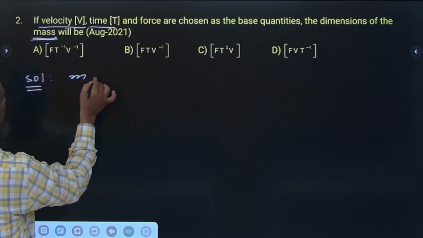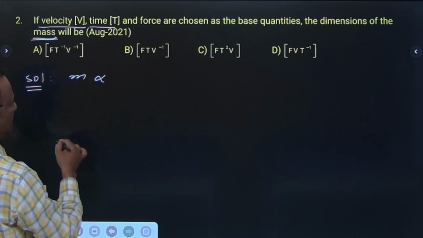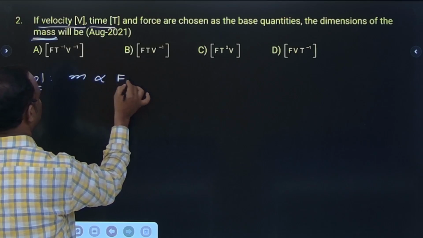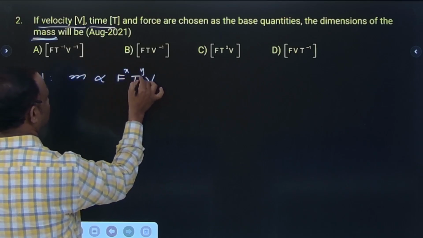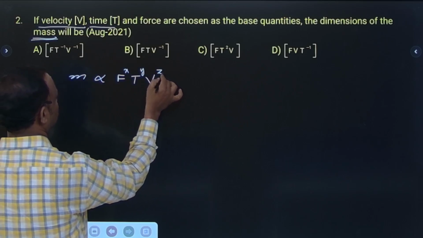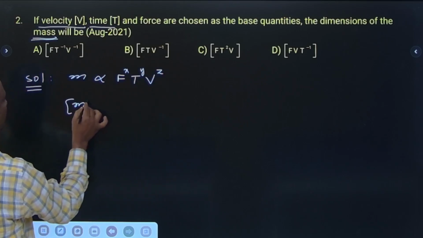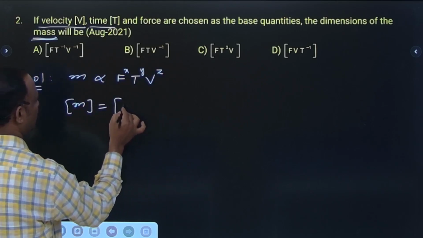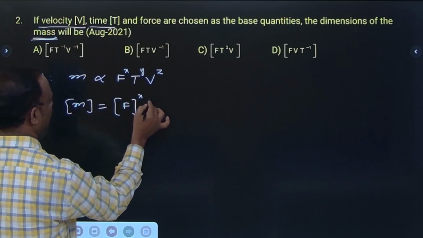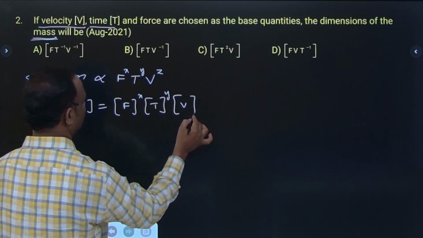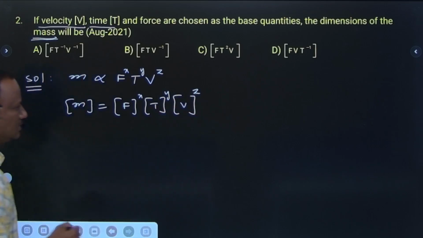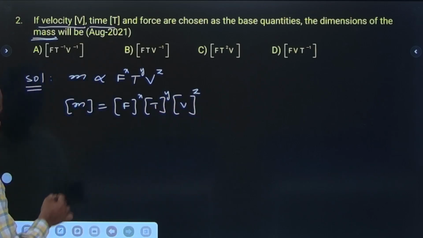Mass is directly proportional to F to the power of x, T to the power of y, V to the power of z. So the dimensional formula of mass is equal to the dimensional formula of F to the power of x, T to the power of y, V to the power of z.